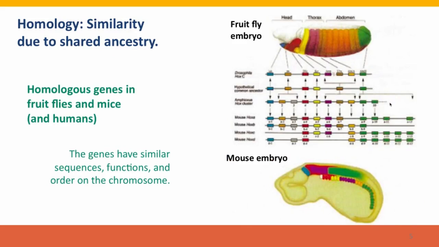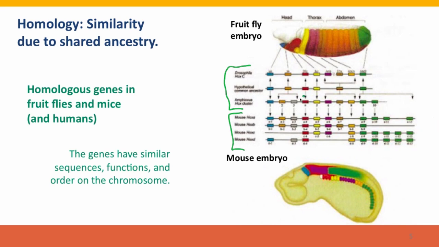Shared ancestry also applies to the genes that are responsible for the development of these features. For instance, here we're comparing the genes that control embryonic development in a fruit fly and in a mouse. And the genes are colored according to their function and positioned according to their arrangement on the chromosome.